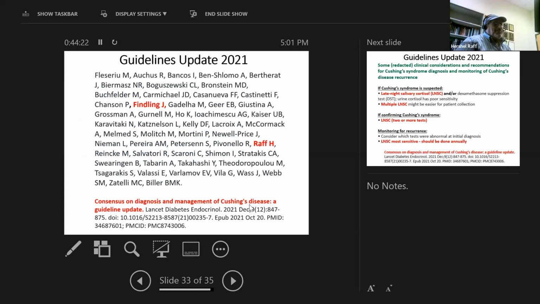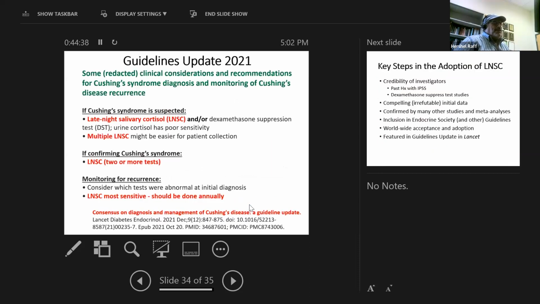And it was published a couple of years ago as a guidelines update in 2021. It was published in Lancet Diabetes and Endocrinology. And I looked the other day, it's already got over 100, maybe over 200 citations. I lost count. Next slide, Jay. And late night salivary cortisol is kind of part of the zeitgeist now. I guess that's really the bottom line here.